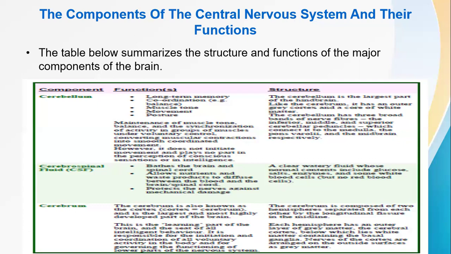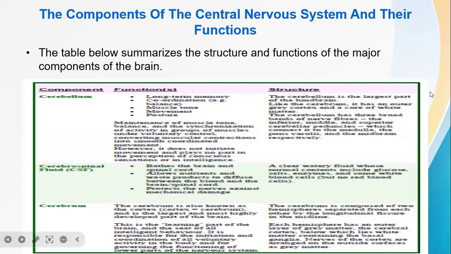I think we saw them in our previous video. So here I just summarized within the table the functions of the cerebellum. While the structure of the cerebellum is the largest part of the hindbrain. Like the cerebrum, the cerebellum has an outer gray cortex and a core of white matter.